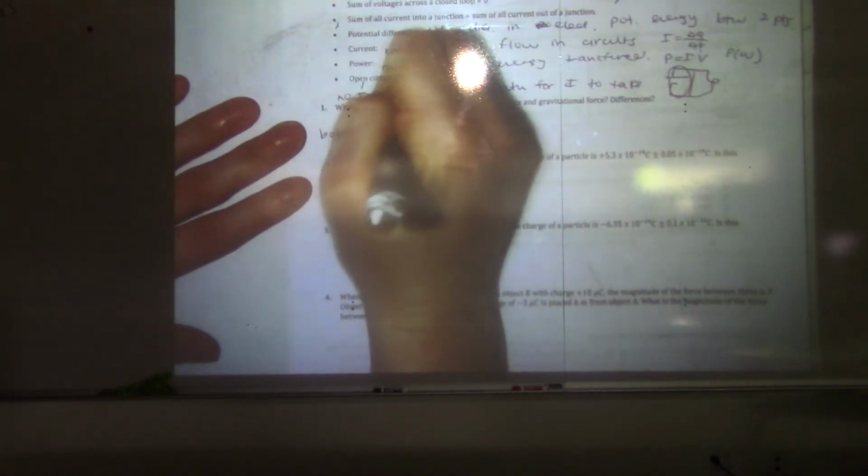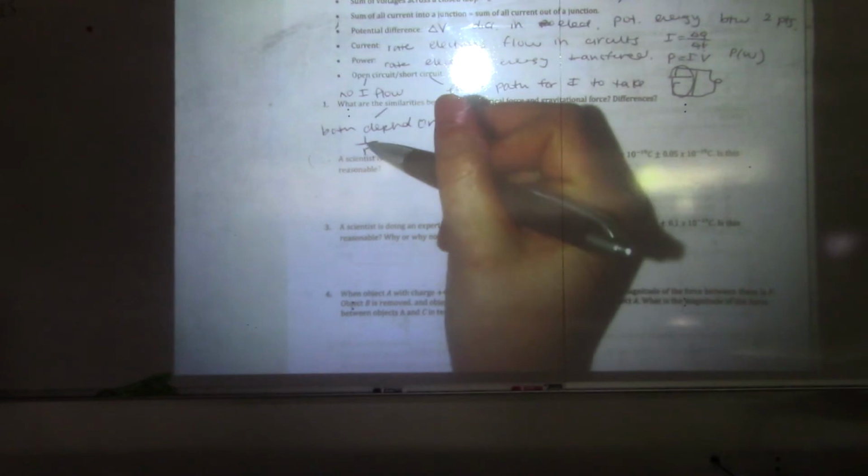Alright, similarities and differences between the electrical force and the gravitational force. So the similarity is that they both depend on 1/r squared. So if r gets bigger, they are both getting smaller, specifically by a 1/r squared factor.